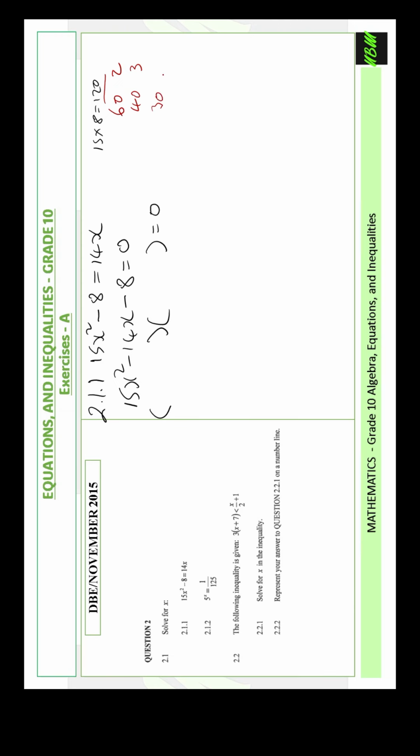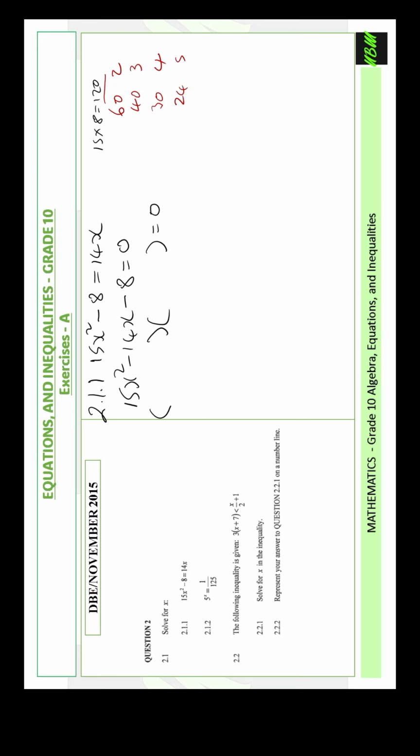And now let's check 30 and 4. 30 minus 4 does not give us 14. Let's move on. 120 now divided by 5 gives us 24. 24 and 5, when we subtract, do we get 14? No.